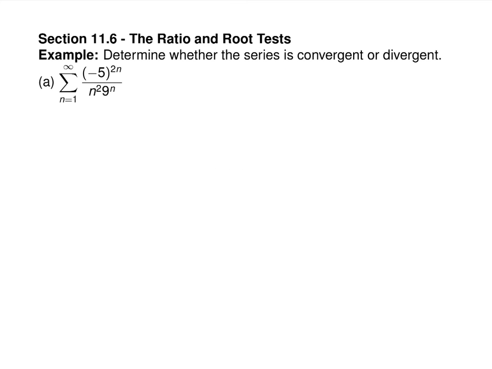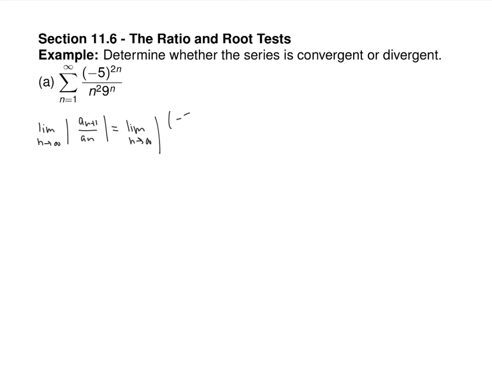The next tests we learned were probably your favorite, the ratio and root tests. So these were based on a comparison to a geometric series. So to perform the ratio and root tests, find the limit as n goes to infinity of the ratio of the n plus first to the nth term. And just be pretty careful when you input that n plus 1.